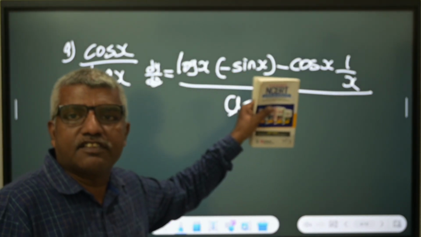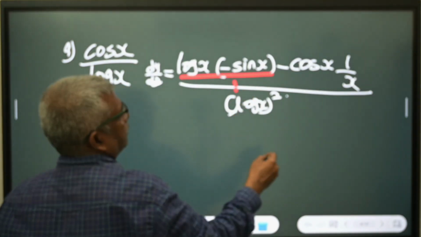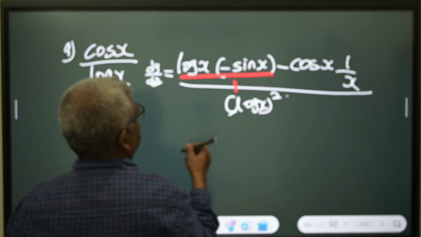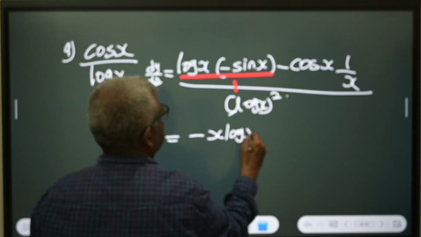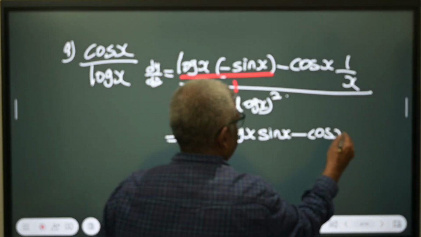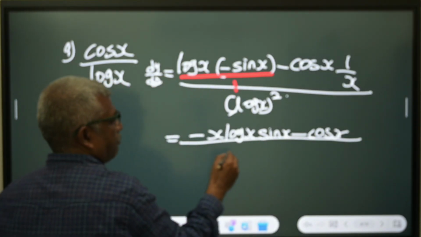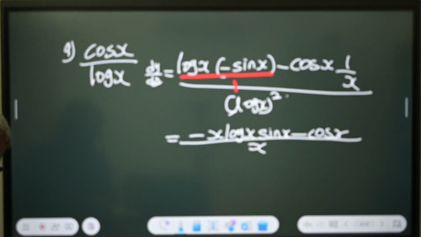V u dash minus u v dash. Take LCM. Here multiply with x, x. So minus x log x sin x minus cos x divided by x. Then whole divided by square of log x.